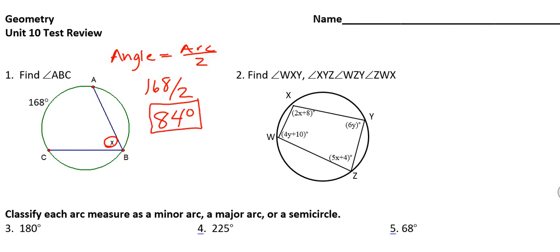Number 2 says find angle WXY, XYZ, WZY, and ZWX. The first thing we need to realize is that opposite angles in an inscribed quadrilateral are supplementary.